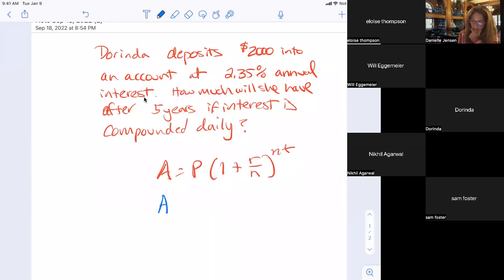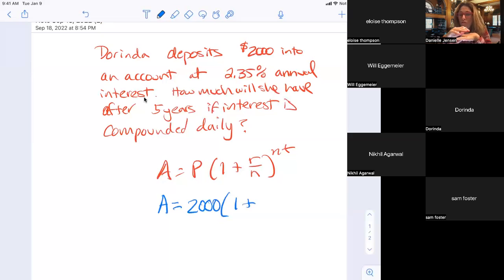So A. P stands for the principal. Sometimes people think of it as the present value, how much money you have in the present, which is 2,000. 1 plus, talk to me about R. What is R? Rate. Yeah, it's the annual rate. And the key is remembering to write it as a decimal.